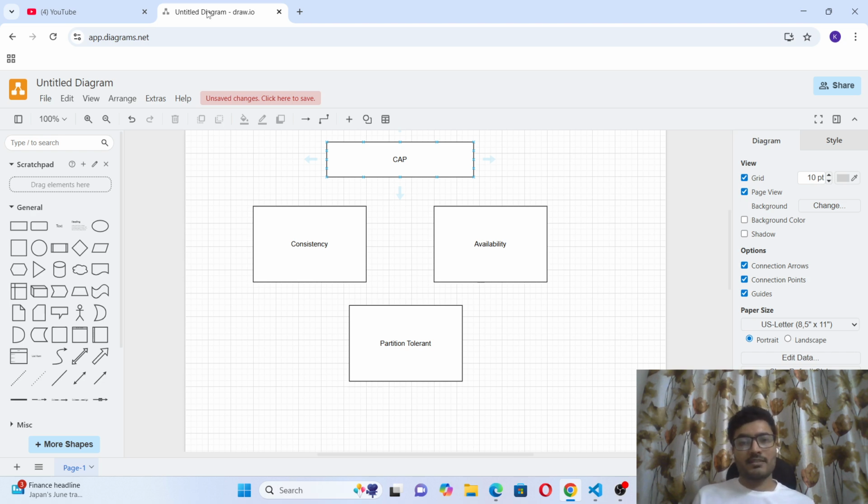Now it should be available, because if I am requesting the count, I should get some data. It's okay if it's not consistent. That means if for some users it's showing 120K and for some 125K, it doesn't matter much at that moment. I'm okay to lose consistency, but I'm not okay to lose availability and partition tolerance. So in case of YouTube, we are saying it's an AP system only for the count service.